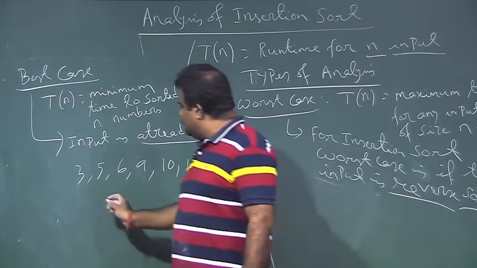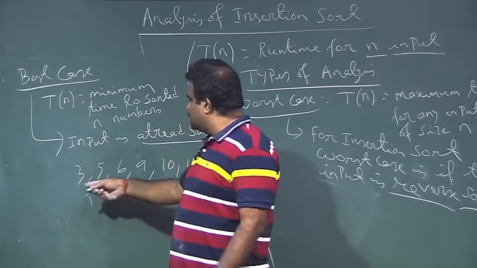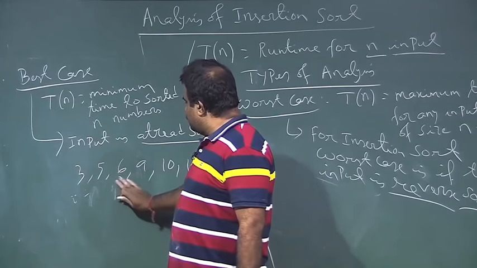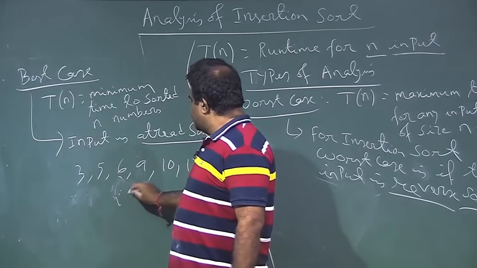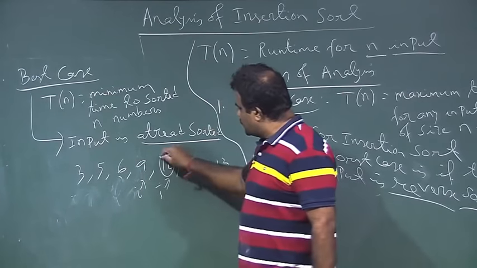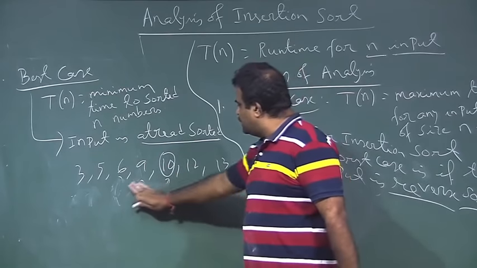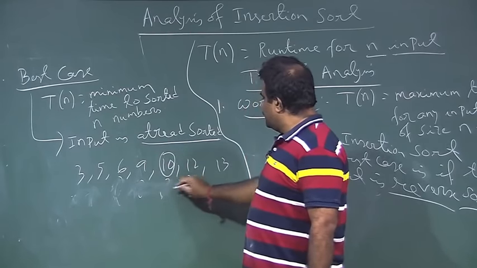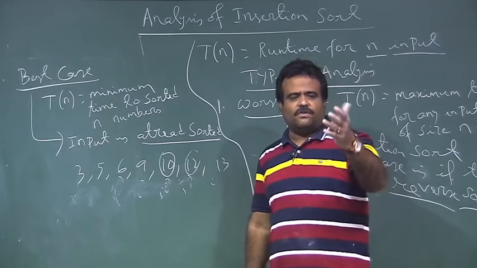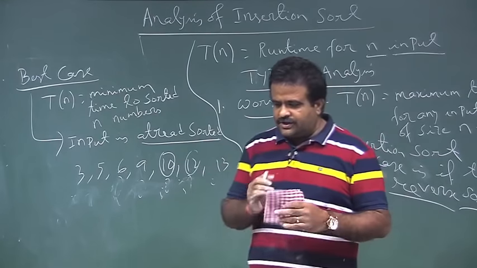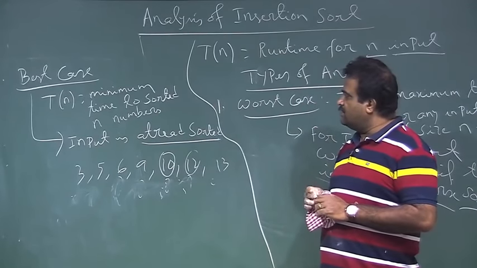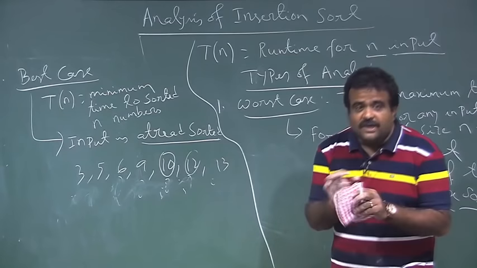We start with j here, i here, and this is greater than this, so only one comparison. Then j is here, again only one comparison. Then j is pointing here, i is here, this is our key, we compare, and again only one comparison. So this is the best case, because we are just scanning and reading the array and only one comparison occurs each time. This is the minimum time our algorithm is taking.